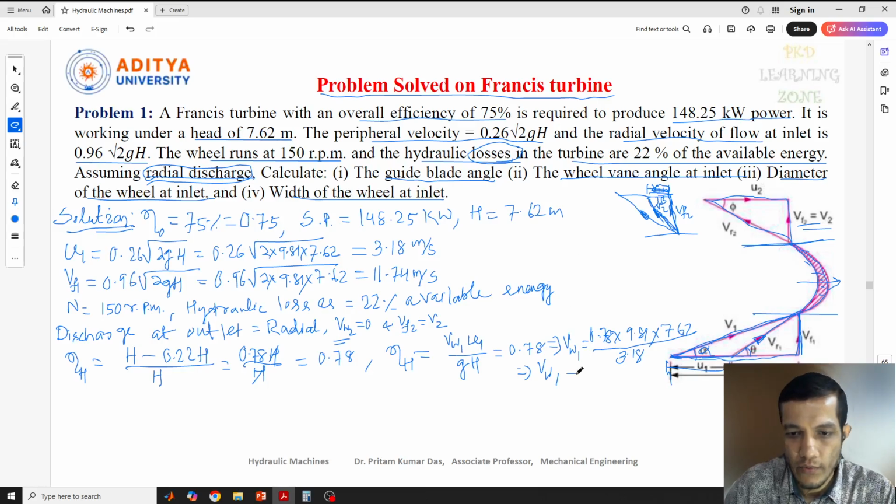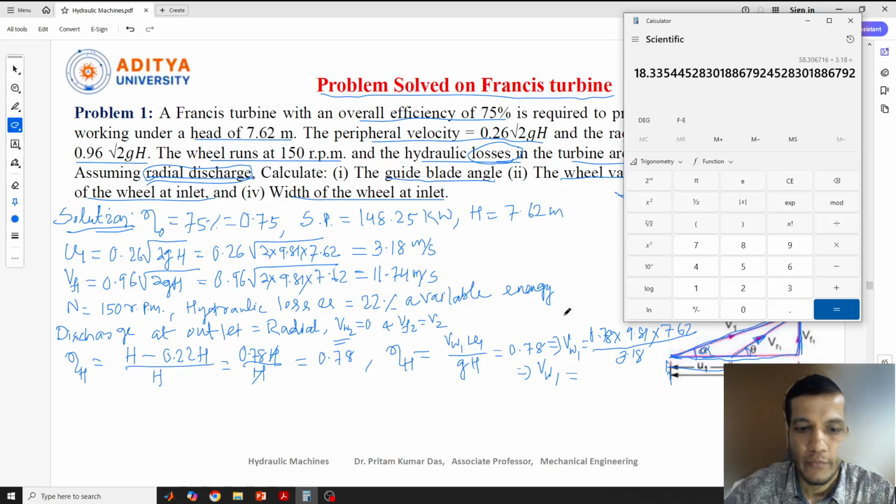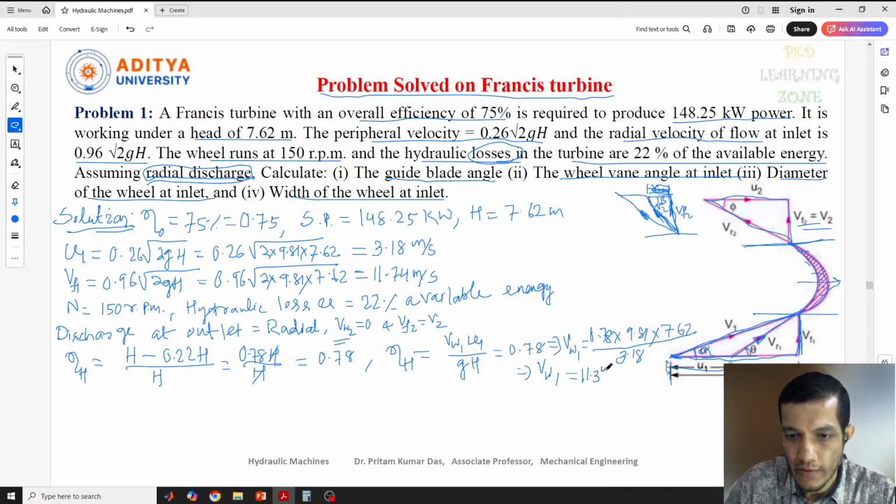Now VW1 equals 0.78 into 9.81 into 7.62, divided by 3.18, which gives 11.34. So we got 11.34 meter per second. This is our VW1.